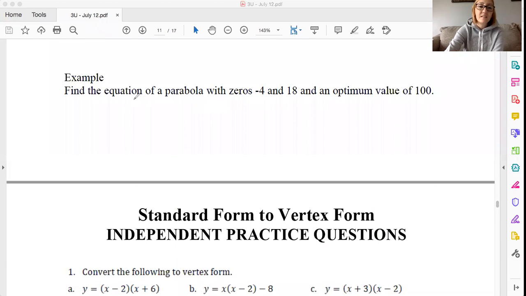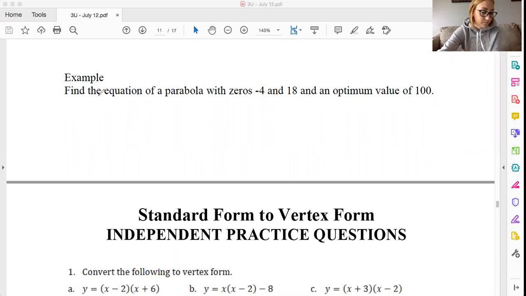So for this one, find the equation of a parabola with zeros -4 and 18, and an optimum value of 100. Which is very nice because it gives us part of our vertex, because our vertex would be our maximum or minimum point on our graph.